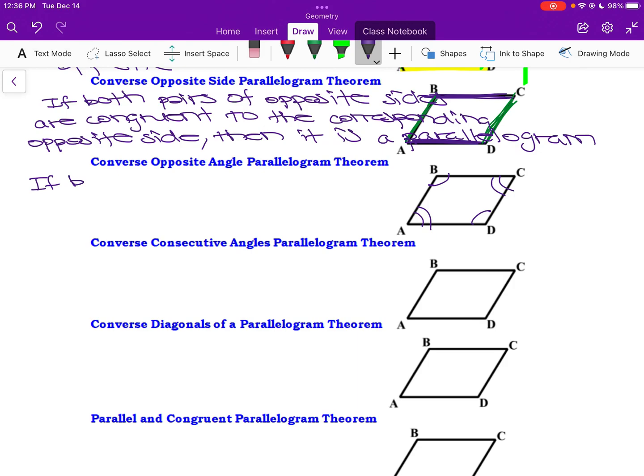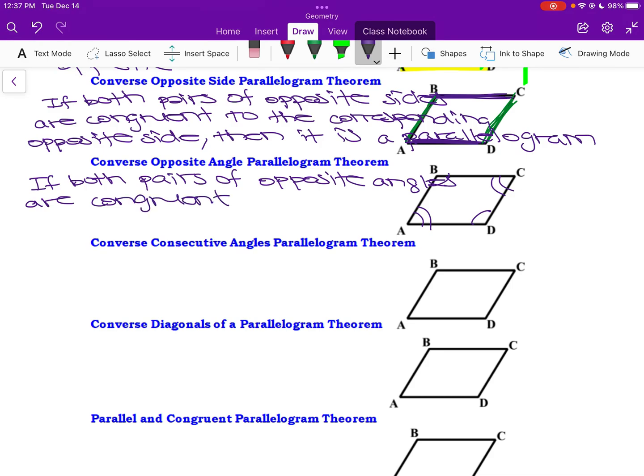So if both pairs of opposite angles are congruent to the corresponding opposite angle in a quadrilateral, then it is a parallelogram.